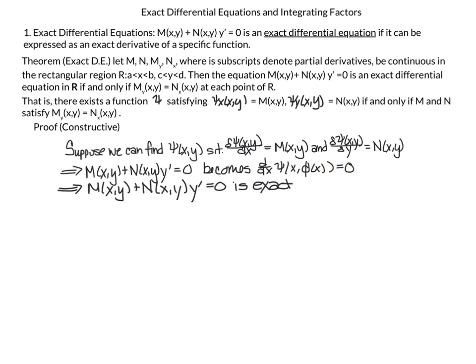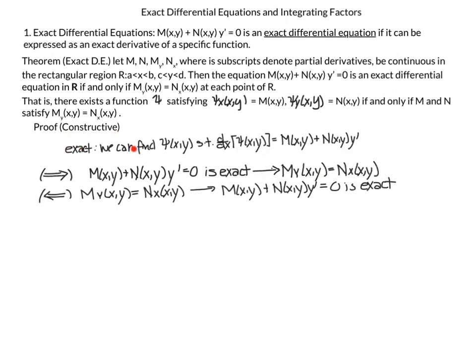In other words, our original equation, this left-hand side, M(x,y) plus N(x,y) y prime, will be the derivative of psi. This is what this is telling us. So in other words, our equation is exact. So in this proof, when we talk about exact, we are going to use this condition here, that we can find a psi that satisfies these conditions.